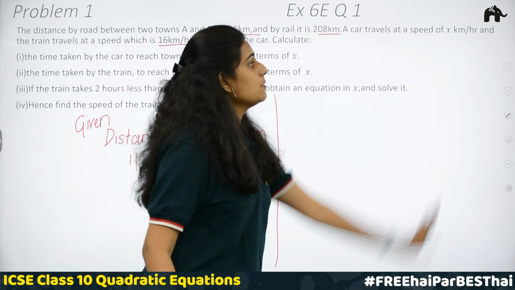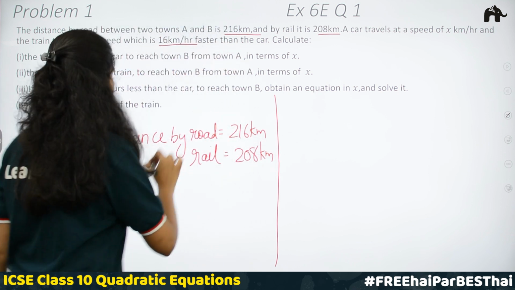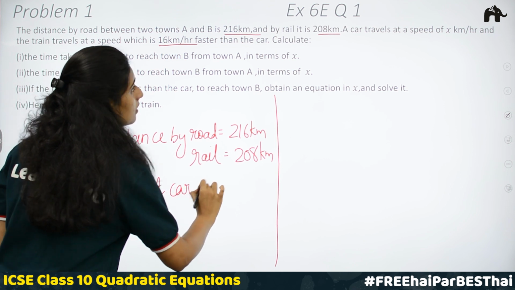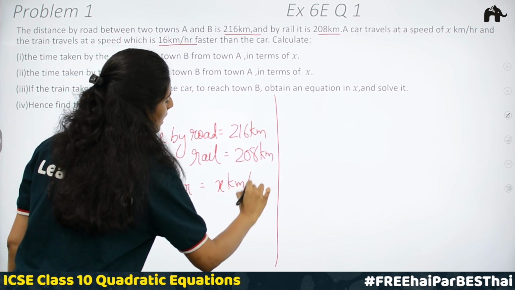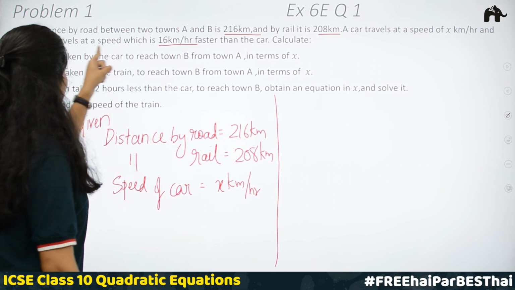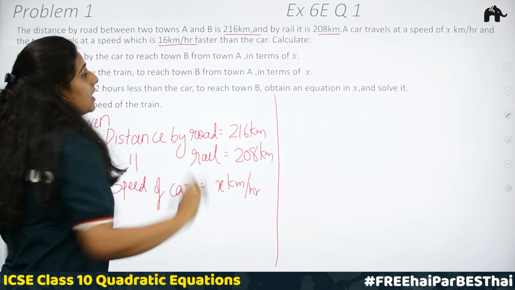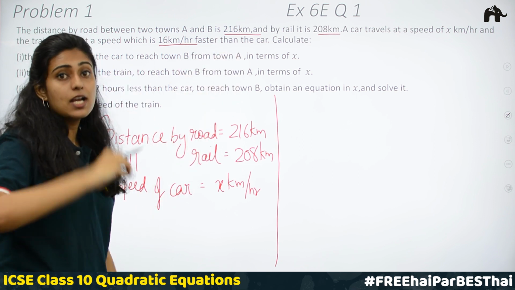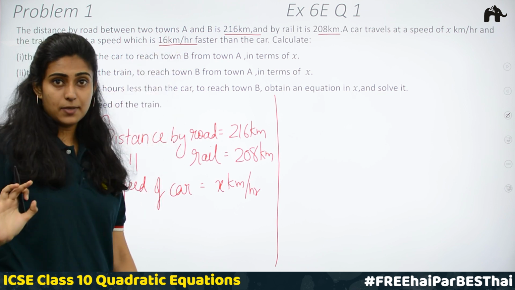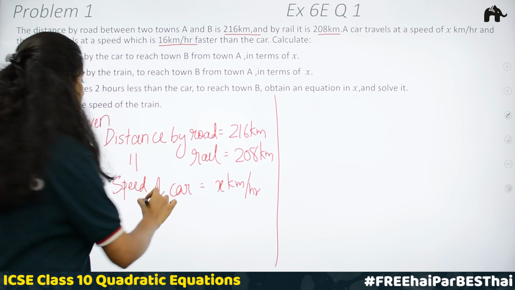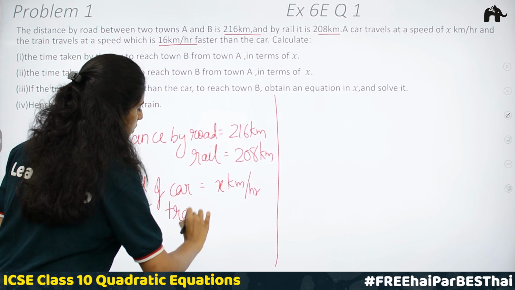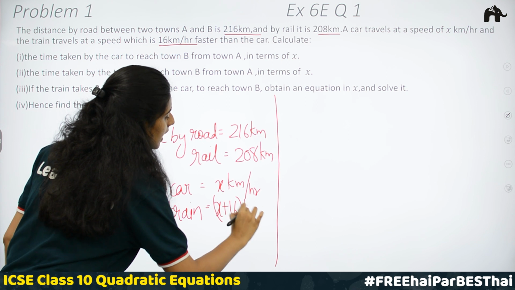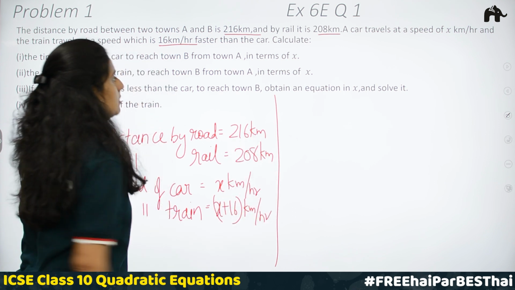A car travels at a speed of x kilometer per hour, which means the speed of car is equal to x kilometer per hour. And the train travels at a speed which is 16 km per hour faster than car. That is, the speed of car plus 16 km per hour gives the speed of train. Speed of train is equal to x plus 16 km per hour.